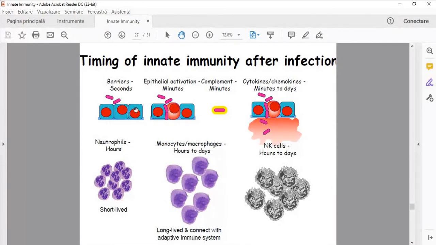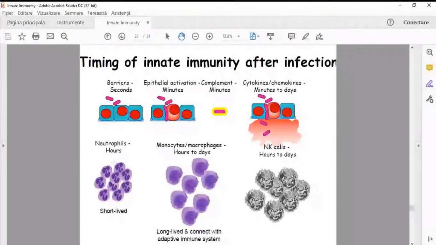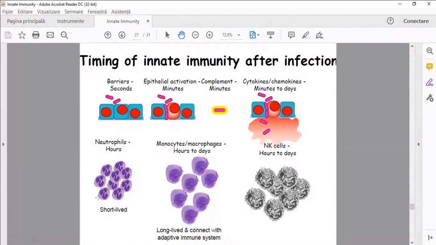We need just seconds to block the entrance of the pathogens through the barriers, but if the pathogen succeeds to penetrate the barrier, we need just a few minutes to activate epithelial cells and complement systems, and a few minutes to secrete cytokines in order to signal that an enemy is in the body, and just a few hours to activate neutrophils to recognize the pathogen and to destroy them.